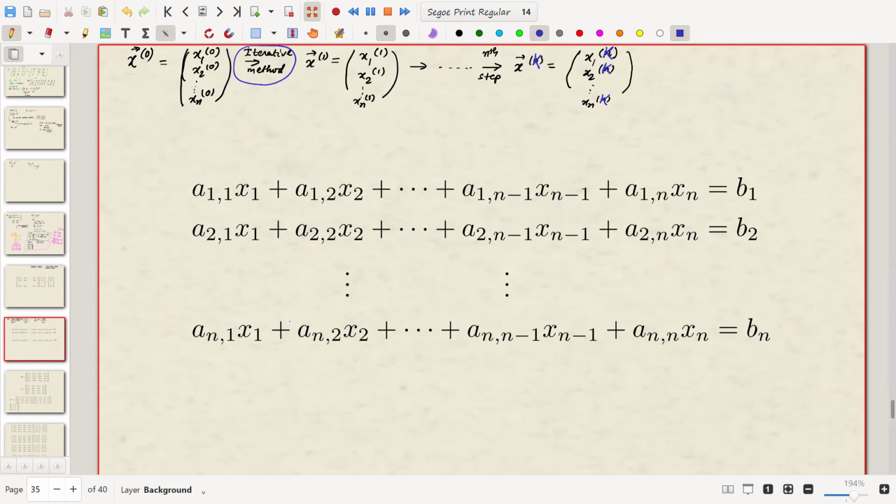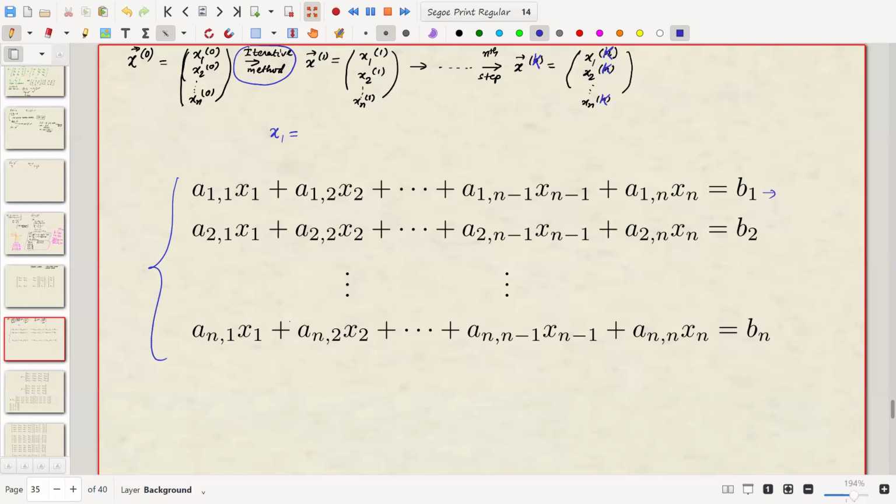Okay. So now I ask you, just look into this system of linear equations. From the first equation, can you give me what is x1? x1 equals to, from the first equation, x1 equals to... Louder, common sense.